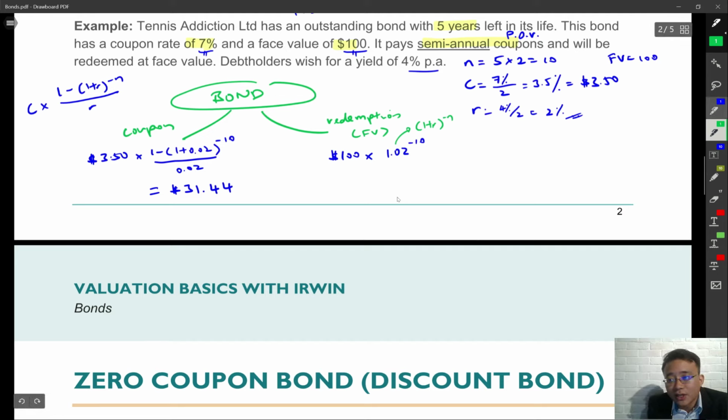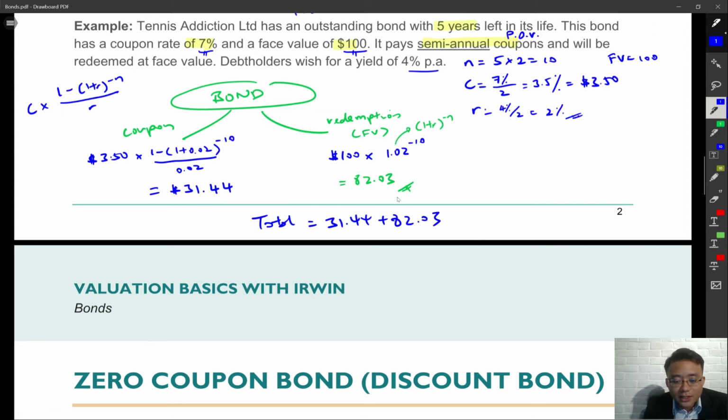We get for ourselves 82.03. Okay, excuse the slightly different color, but I think that should be no problem. Now, the total value I have then will be 31.44 plus 82.03, which works out nicely to be 113.47.